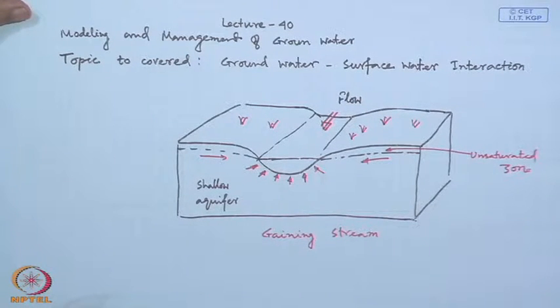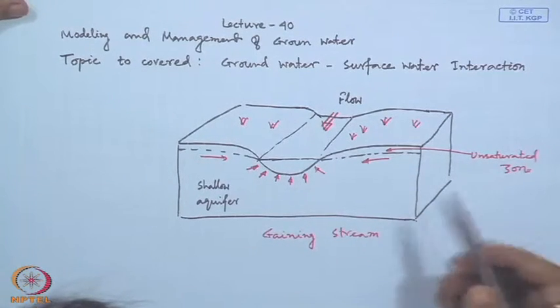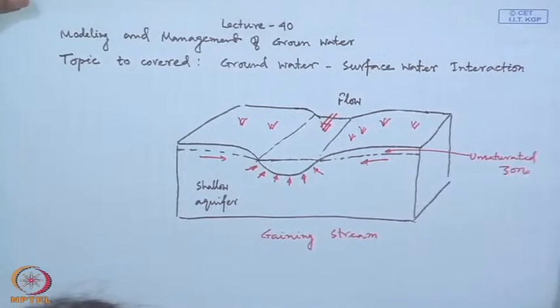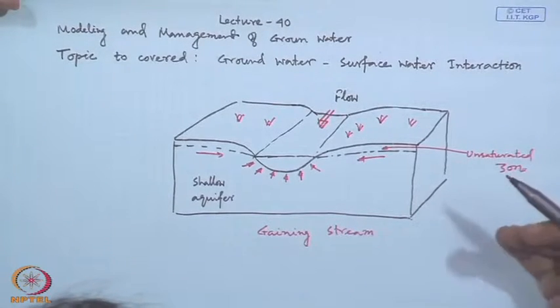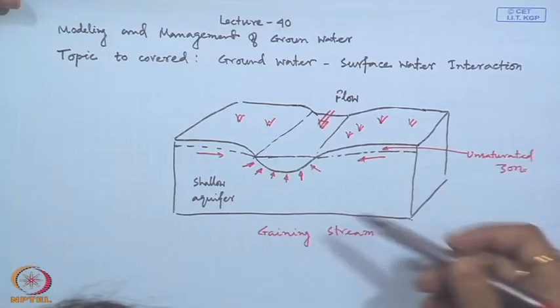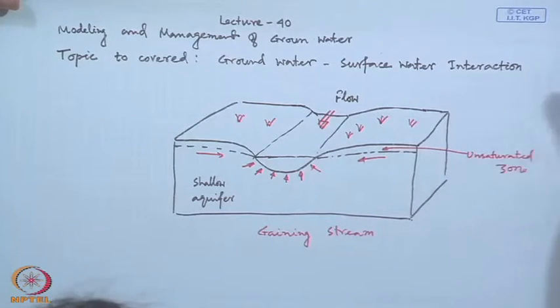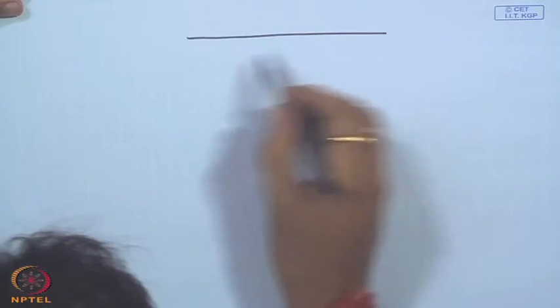Now, if we see the water table contour for this particular aquifer, it will be an interesting thing, because there will be deviation of the water table contour if there is a stream in between a particular aquifer region. So, let us say that this is my whole domain.